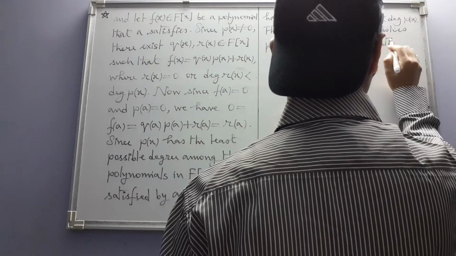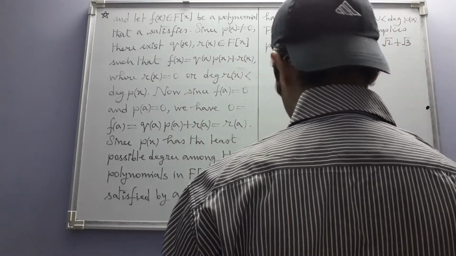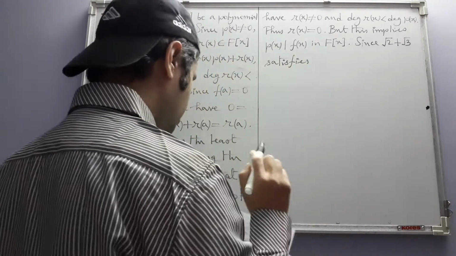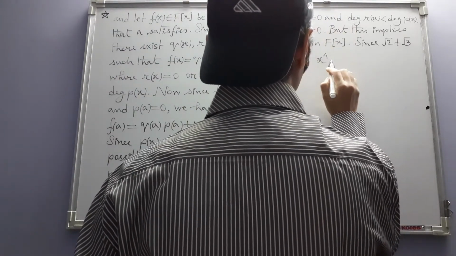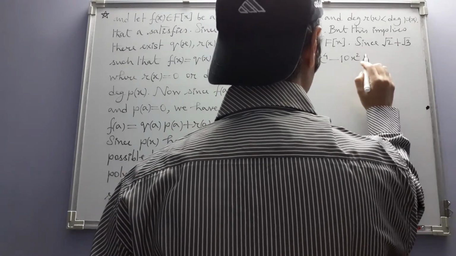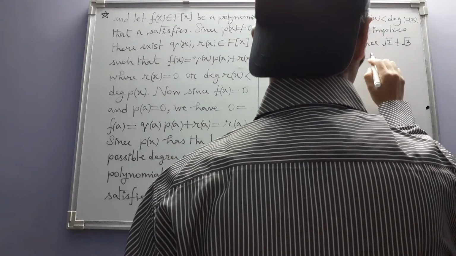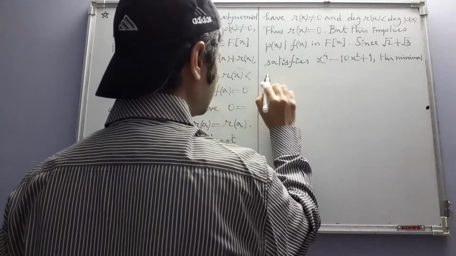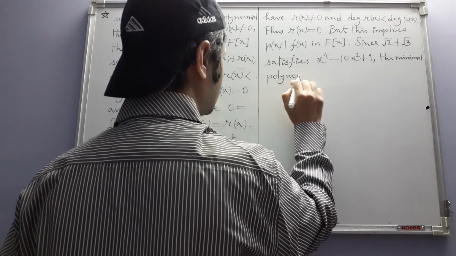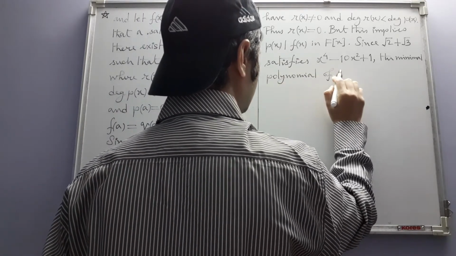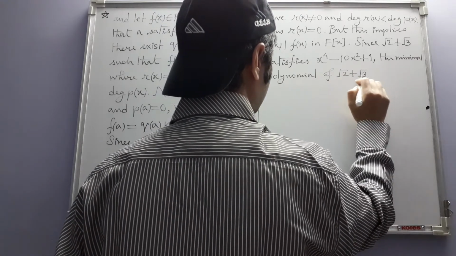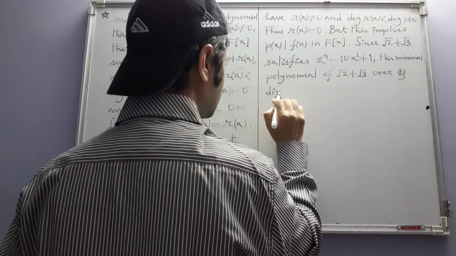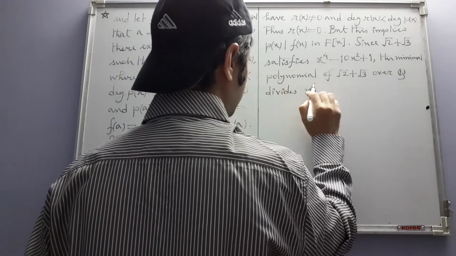Since root 2 plus root 3 satisfies that polynomial that we wrote in part A, x to the power 4 minus 10x squared plus 1, the minimal polynomial of root 2 plus root 3 over Q divides this polynomial.